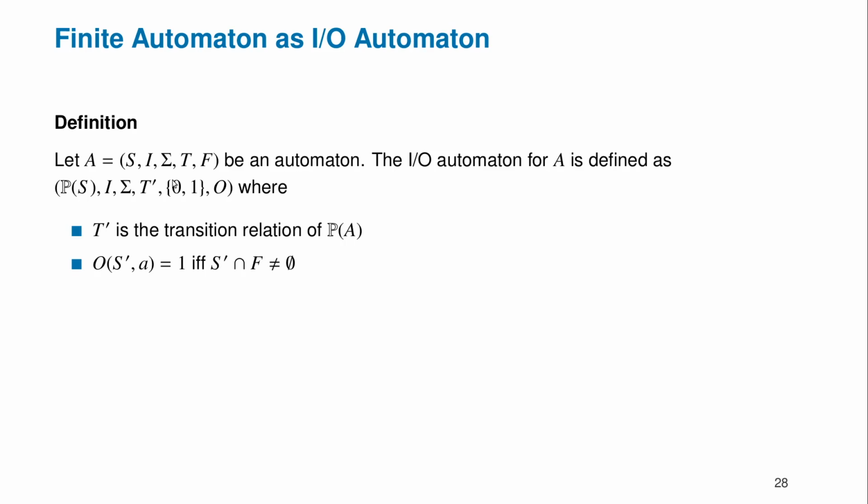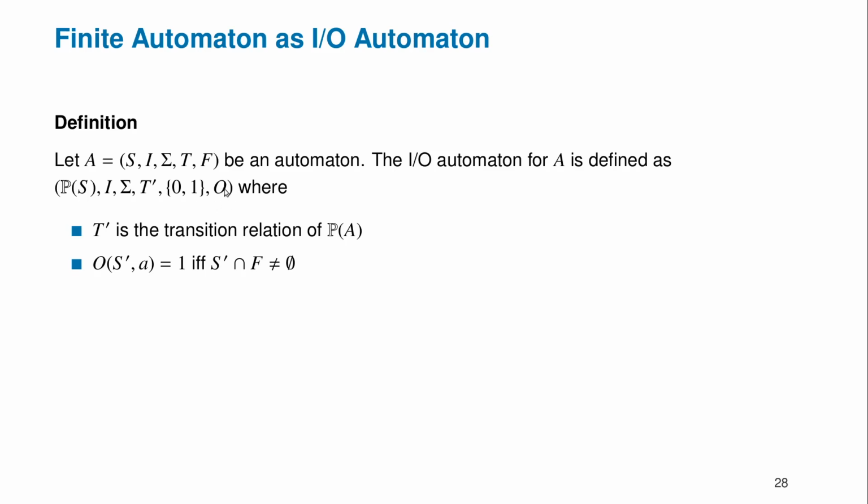The output alphabet consists of 0 and 1. With this, we represent the final states, as we will see in a second. And the transition function is simply the transition function of PA. So this transition relation of the power automaton, which is deterministic and complete, is therefore also a function. So we can use this here.